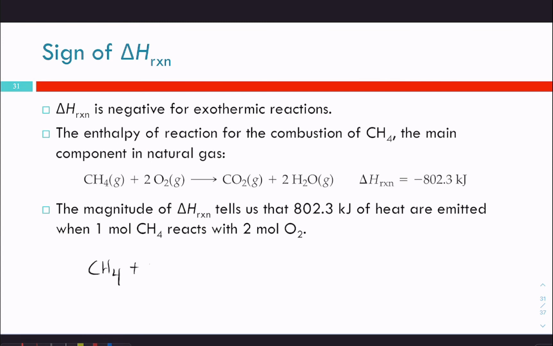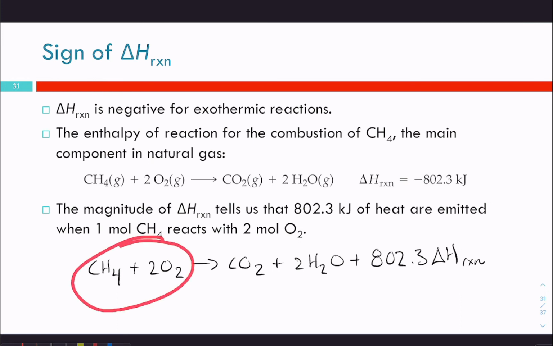So we could rewrite this reaction and include heat as one of the products. We'll call it delta H. Now notice here I didn't put the negative sign in there because it's one of the products.